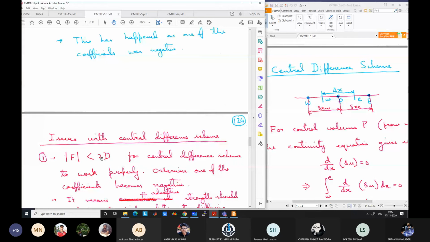What can be done? Not very high, but say it is high. How can I use the central difference scheme? Something is still in your control. One parameter. What is in your control?